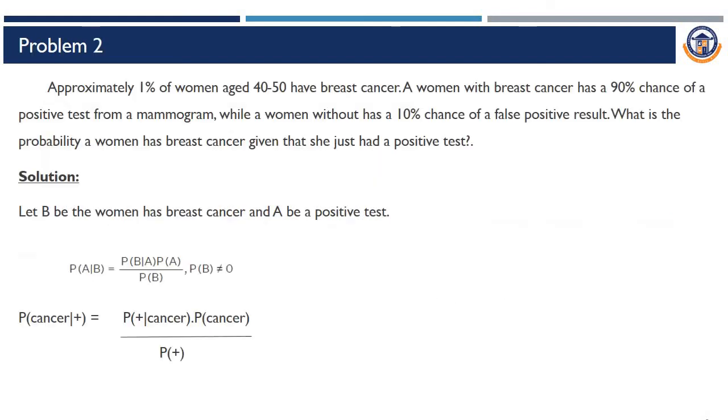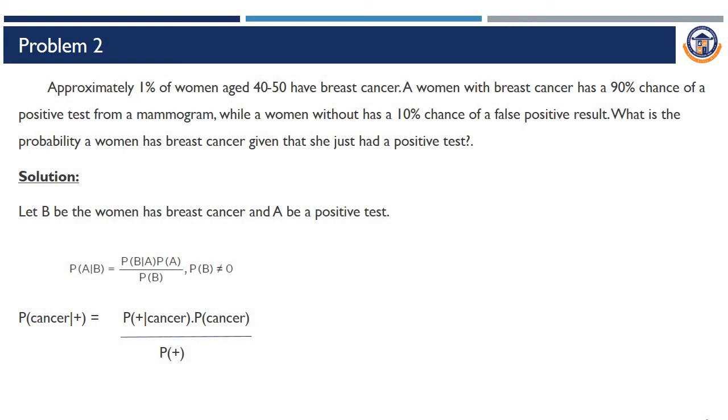Similarly, we can solve another problem. Approximately 1% of the women aged 40 to 50 have breast cancer. A woman with breast cancer has a 90% chance of a positive test from a mammogram, while a woman without has a 10% chance of a false positive result.